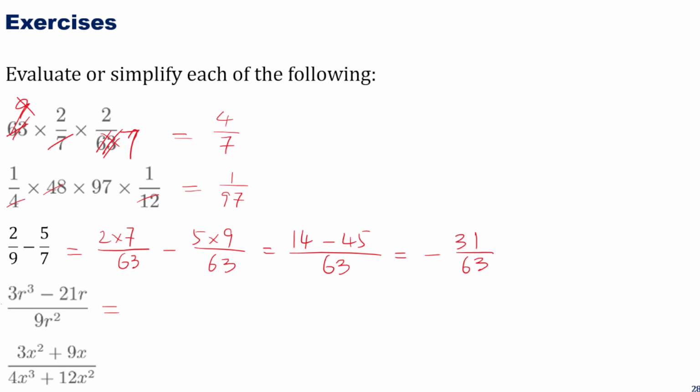And next one, we can cancel a 3 here and an r here, right? So that is r squared minus 7 over r, right?